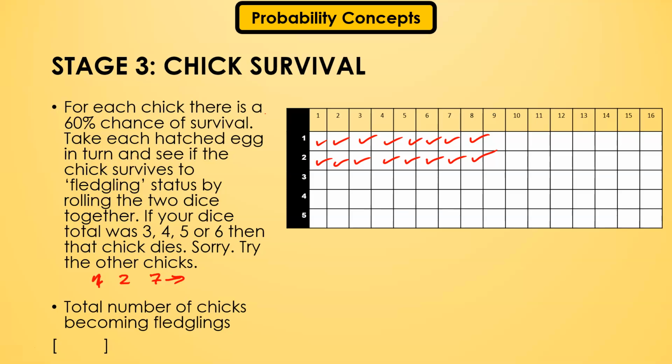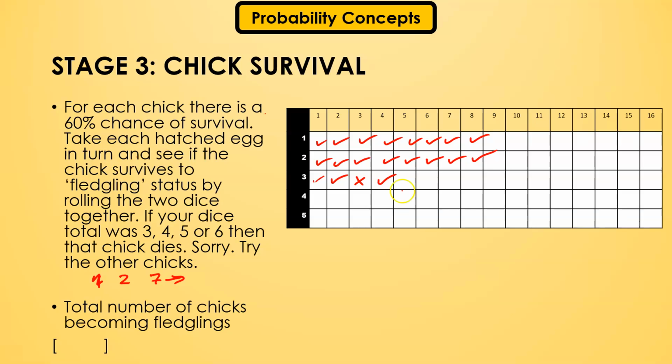So chick number 1, we get a 7, so it survives. We get an 8 for the second one, so that survives. We unfortunately get a 5, so a 3 and a 2, which means that chick number 3 didn't make it. 5 and a 6, which is 11.